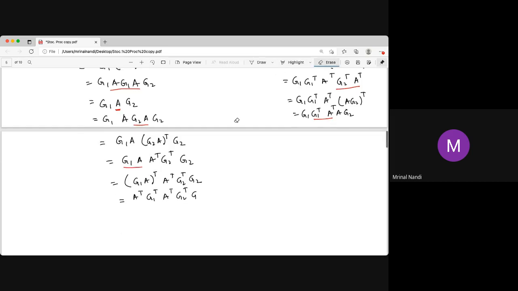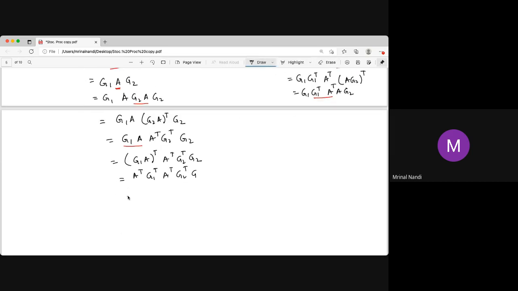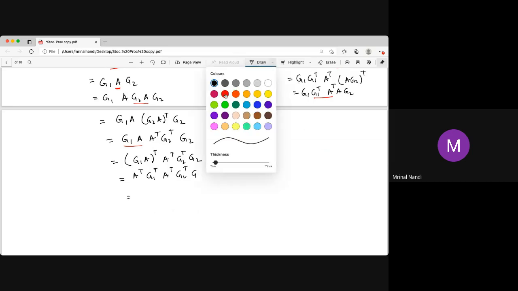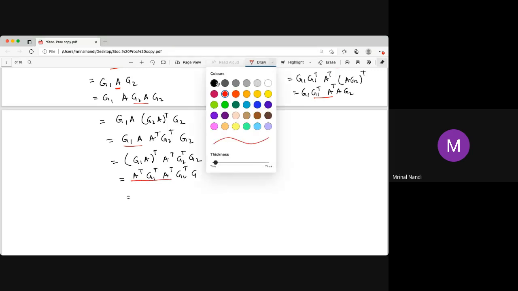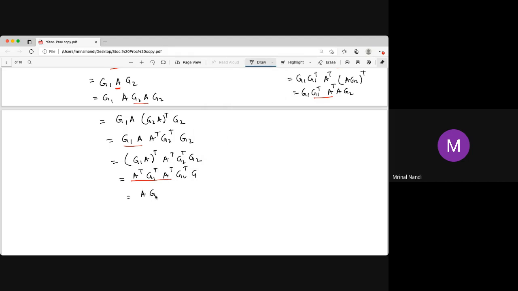Now we take that G1 A transpose G1 A transpose. What is that? This is nothing but A G1 A whole transpose and G2 transpose G2.